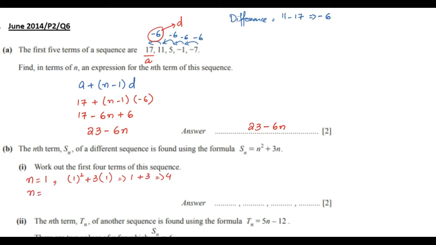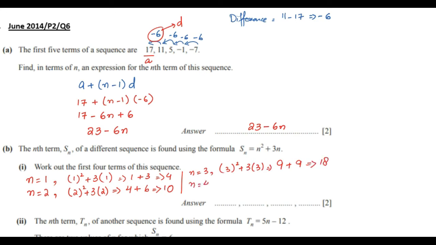Similarly, when we substitute n as 2, it's 2 square plus 3 times 2. 2 square is 4 plus 3 times 2 is 6. So the second term of this sequence is 10. Then when we substitute n as 3, it's 3 square plus 3 multiplied by 3. So 3 square is 9 and 3 times 3 is also 9. When we add 9 and 9, it's 18.